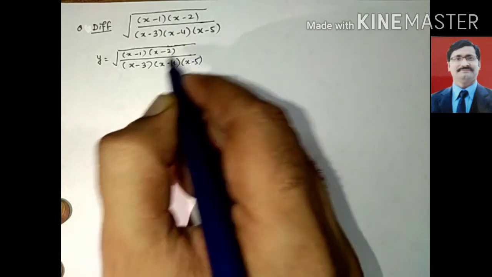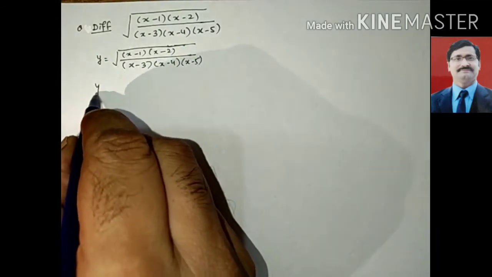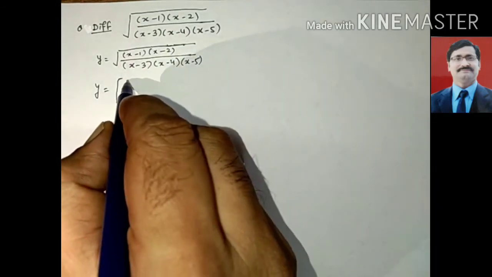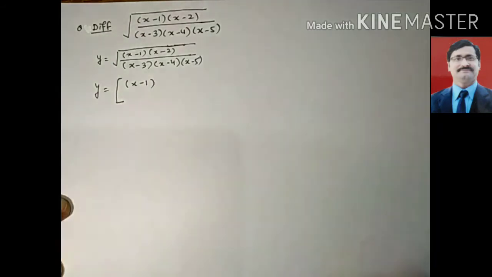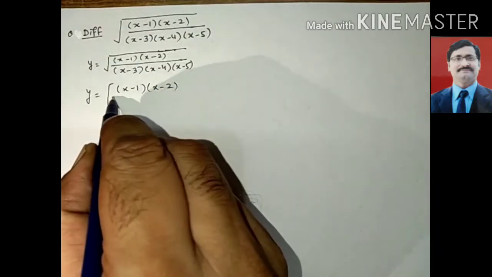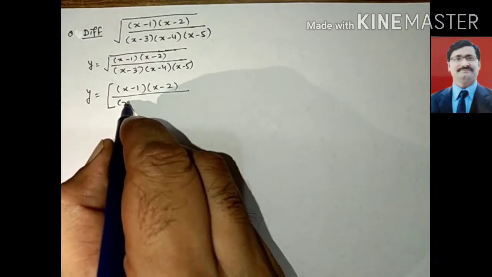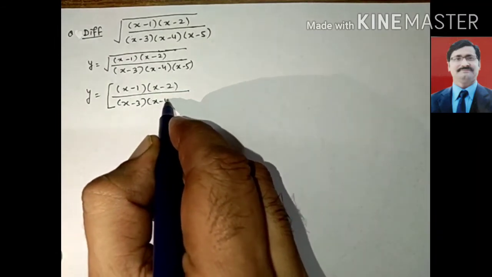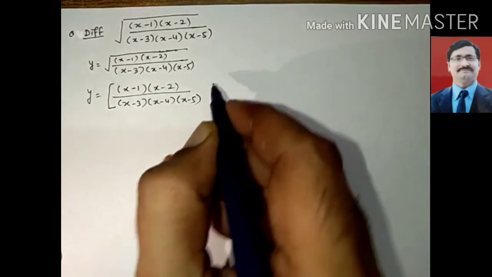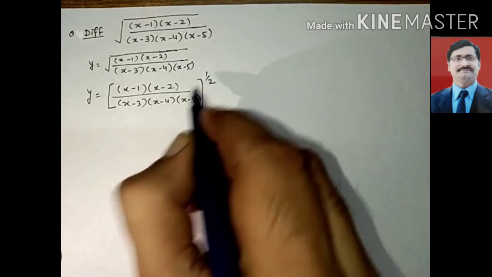Root means the power is 1 upon 2. So you can write x minus 1, x minus 2 upon x minus 3, x minus 4, x minus 5, whole power 1 upon 2.